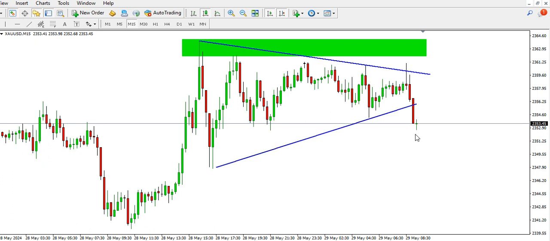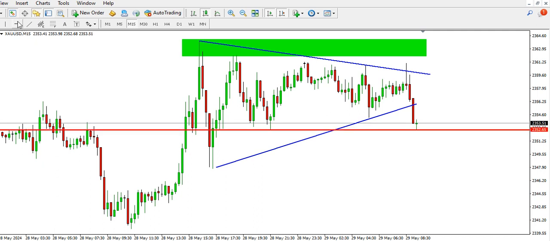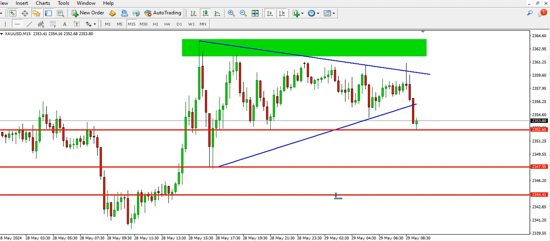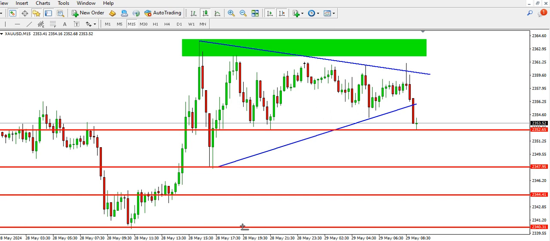So if price is going to drop further, it has already reacted to this particular support at 2352. A further break below 2352, we might see it react at 2347, and then finally some reaction around 2344, and then some reaction around 2340. But for now, the bears are trying to push price downwards.